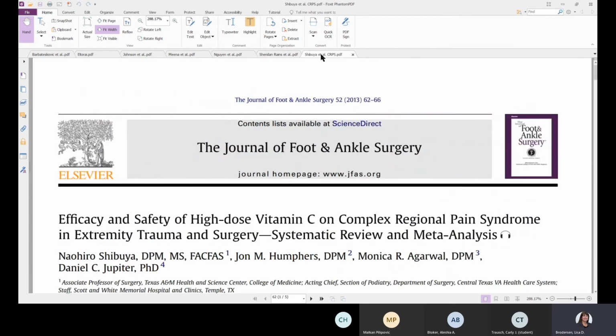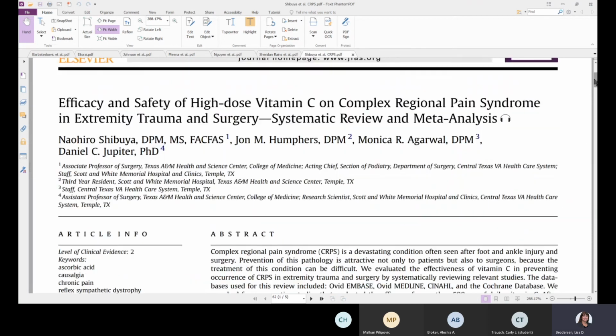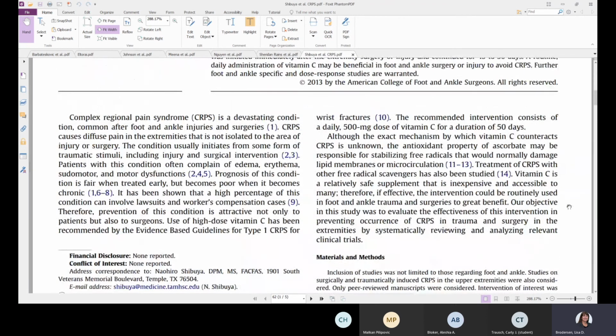Okay, and then the last one is, oh, it's again about complex regional pain syndrome. So we'll just quickly look at the introduction of the problem here. And they start out again by, they define the problem, when it occurs, who it occurs in, symptoms of the problem, its etiology, here more symptoms, prognosis, and one of the consequences, which happen to include lawsuits apparently and workers' compensation cases.